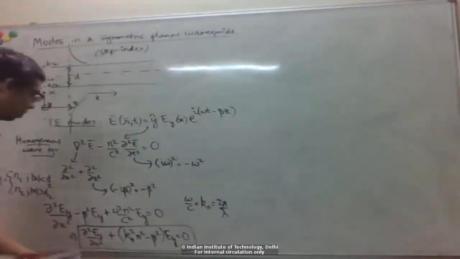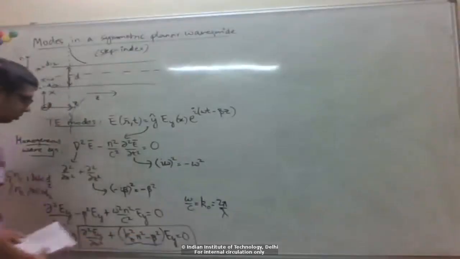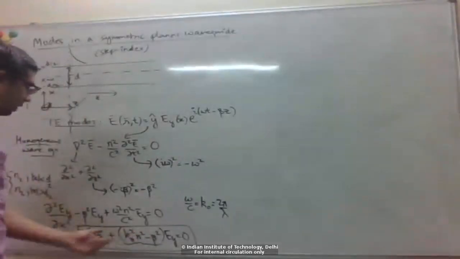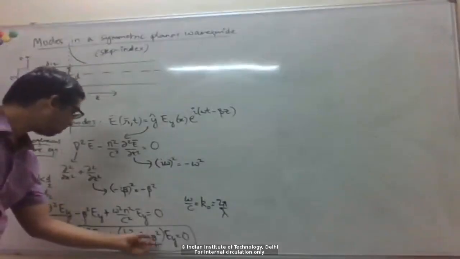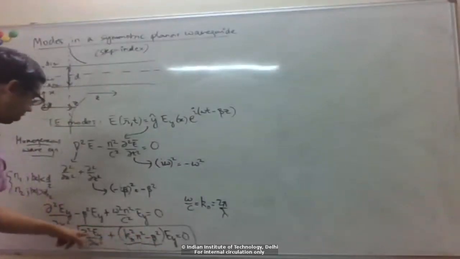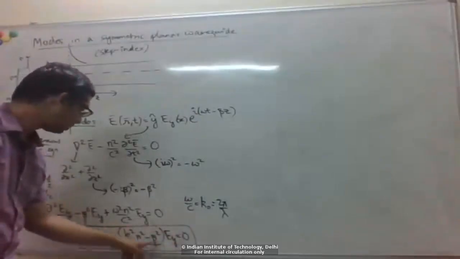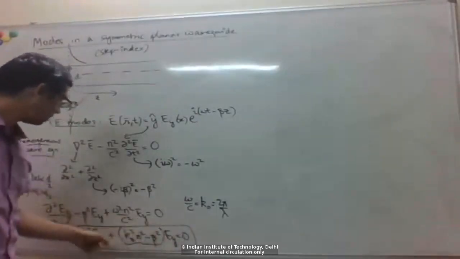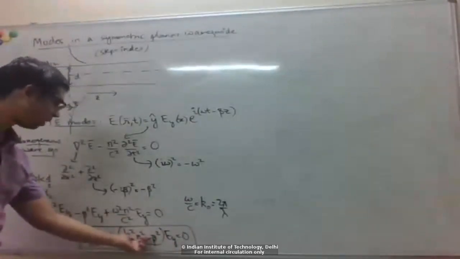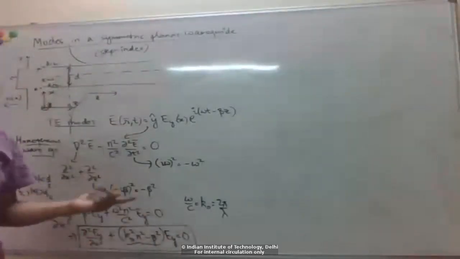Right, so the first thing to see: if I assume this to be some constant, depending on the value of n, then it could be positive or negative. If this is positive, the second derivative of Ey is some constant times Ey. For a positive constant, you know that the solutions are sinusoidal, or complex exponentials.